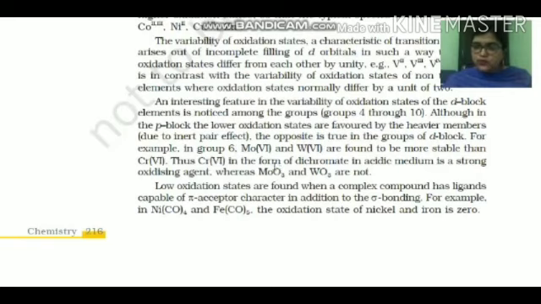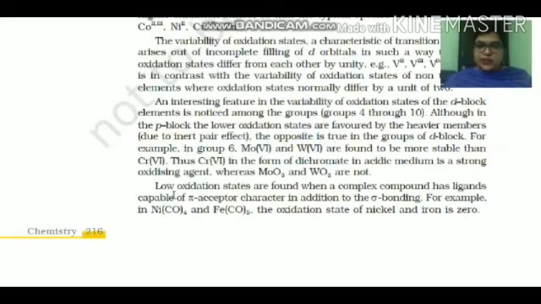From +6 it will get converted into +3. It means chromium is more stable in +3 oxidation state, while molybdenum and tungsten are more stable in +6 oxidation state. This is just vice versa as compared to p block elements.